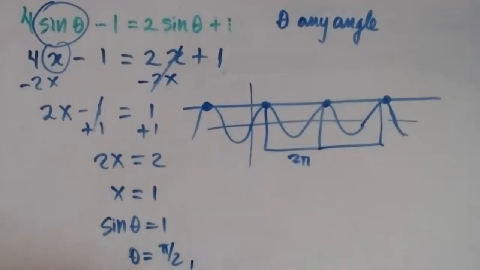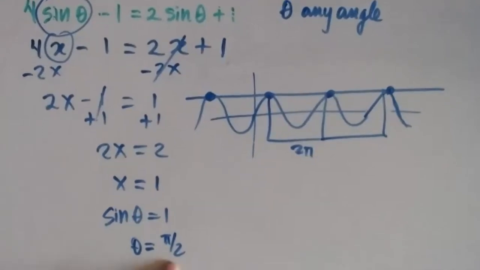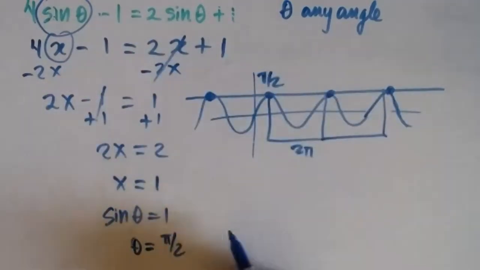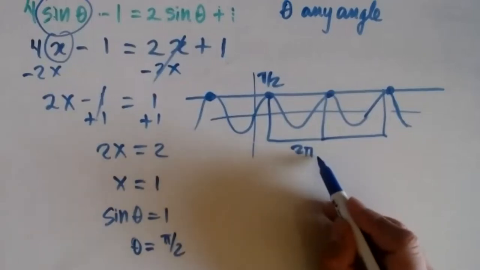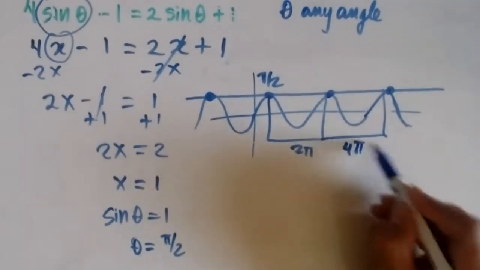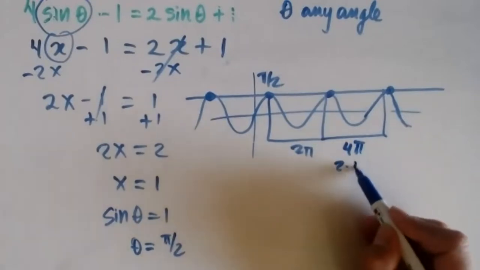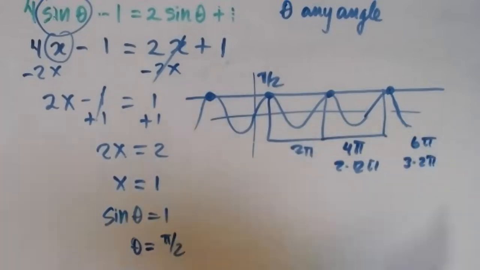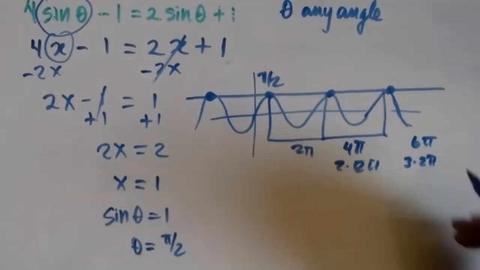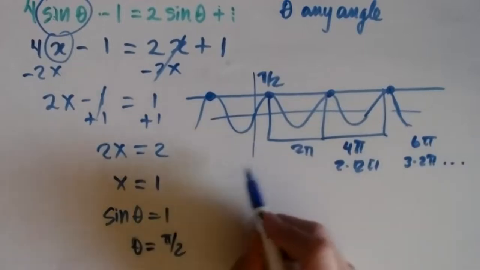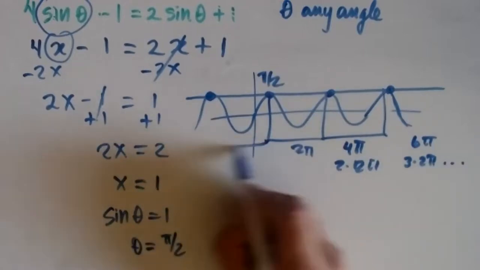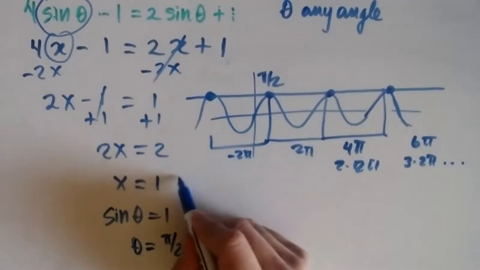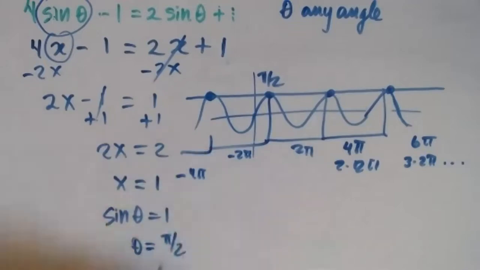So I'm going to take the first one, pi over 2, right? If the solution is pi over 2, the next one is pi over 2 plus 2 pi, pi over 2 plus 4 pi, then pi over 2 plus 6 pi, and so on. And to the left is pi over 2 minus 2 pi, then minus 4 pi, and so on.